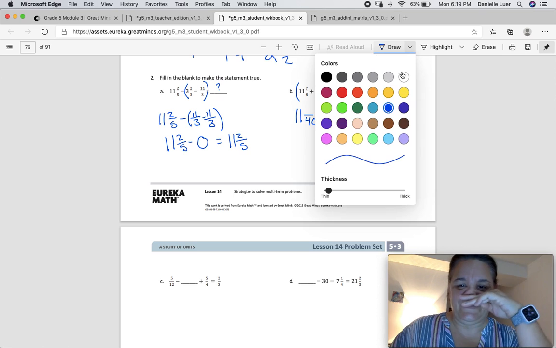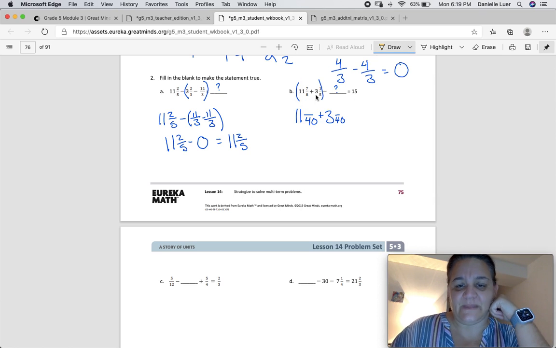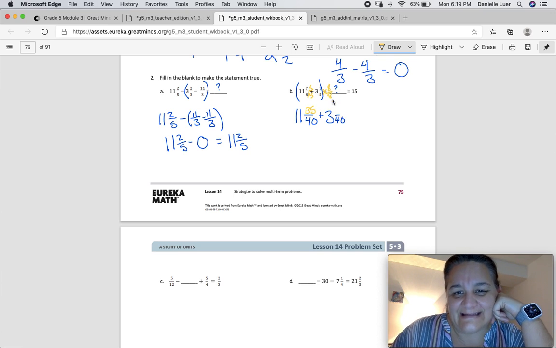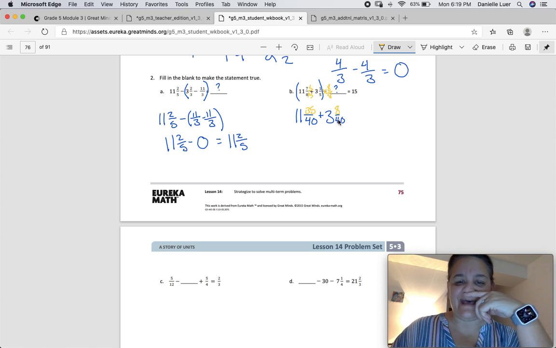Okay, and in order to find those, I would need to multiply this by 5 over 5 and this by 8 over 8. And that's going to give me 35/40 and 8/40.